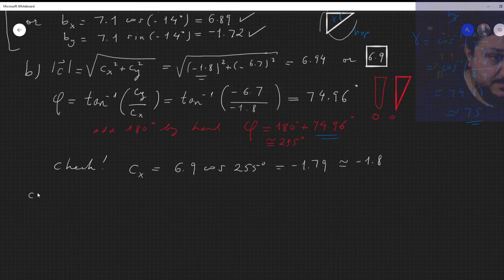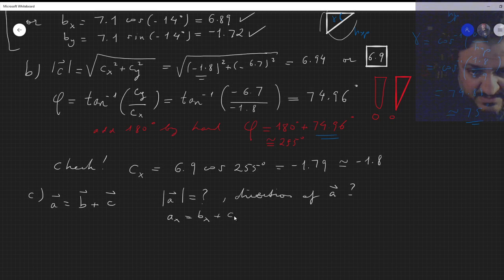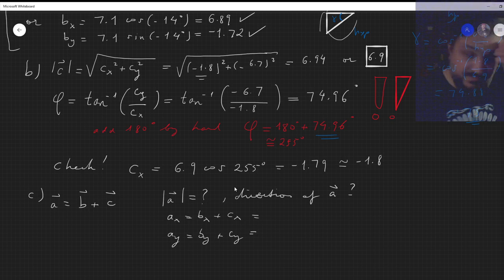So part C is about adding B to C. Let's call this vector A. What is the magnitude of A, and what is the direction of A? We're using the component method. It means Ax is equal to Bx plus Cx, and Ay is equal to By plus Cy. Let's just copy these numbers from the previous.